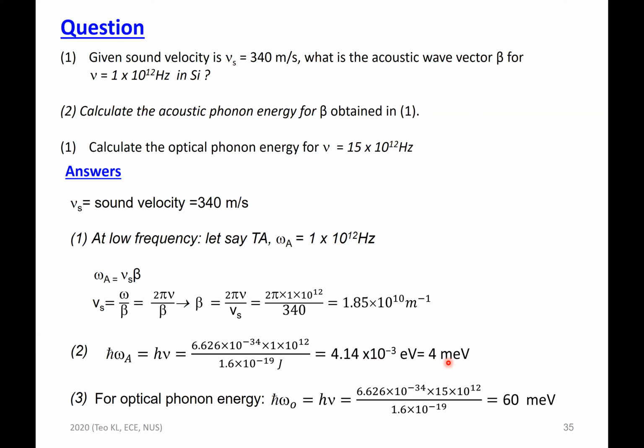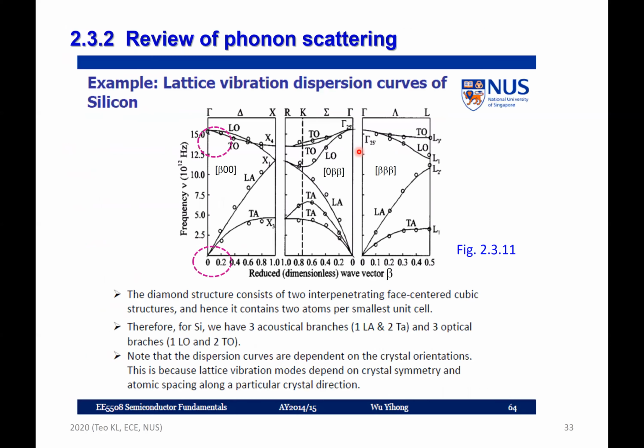It's a few meV. Now, let us calculate the optical phonon energy at the frequency of 15 times 10 to the power of 12. So if we look at the optical frequency at beta equals 0, this frequency is about 15 times 10 to the power of 12.